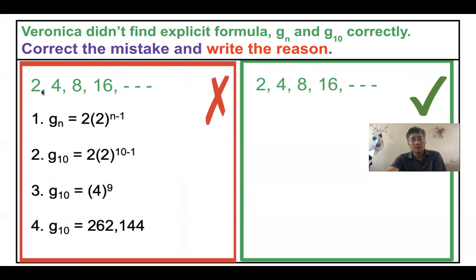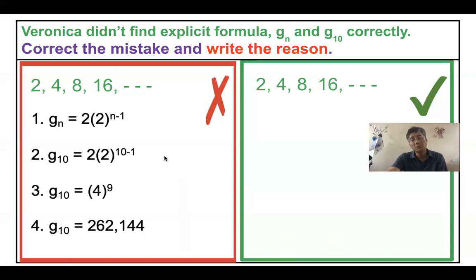So the first term is okay. The pattern is you keep multiplying by 2, so r is 2. First term, no problem. For g of 10, she plugs 10 into n here, no problem. So far, so good.